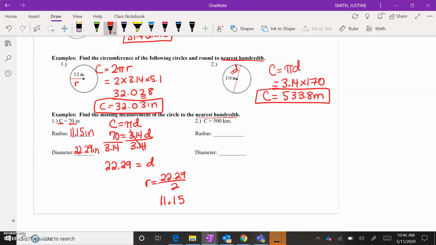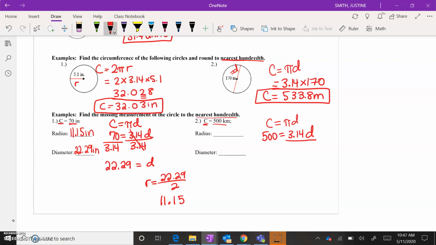Okay, so same thing with number 2. I'm going to use circumference is pi times diameter, so that I just have to plug in less things. I know the circumference is 500, and then I'm going to plug in my 3.14 for pi, and then I don't know my diameter.